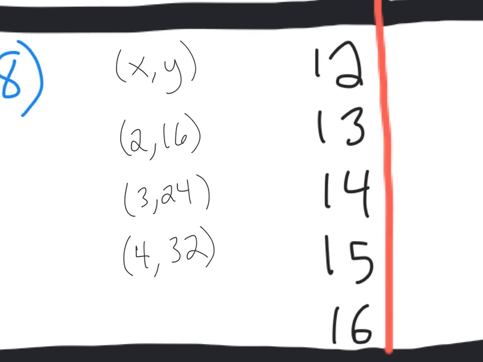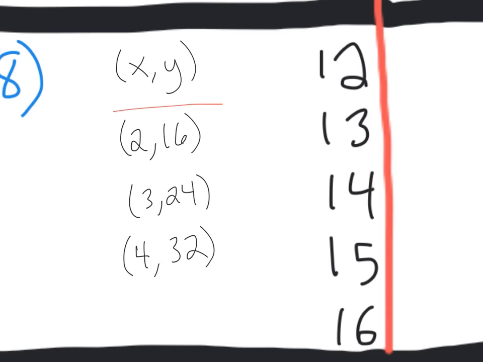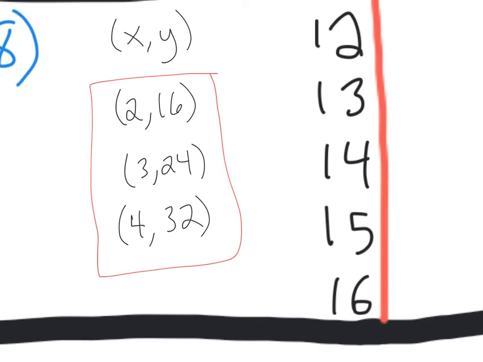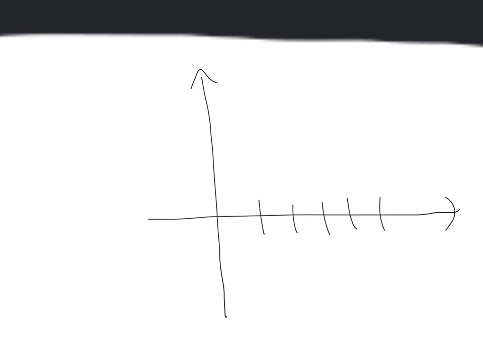Okay, let's go ahead and quickly graph these points. 2, 16, 3, 24, and 4, 32 on the coordinate plane that they give us. I have to recreate that really quick. And it looks a little bit like this, where these are your hours: 1, 2, 3, 4, 5 hours.